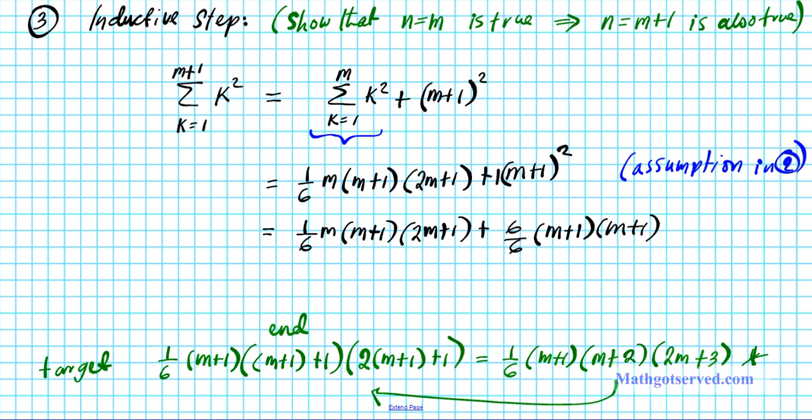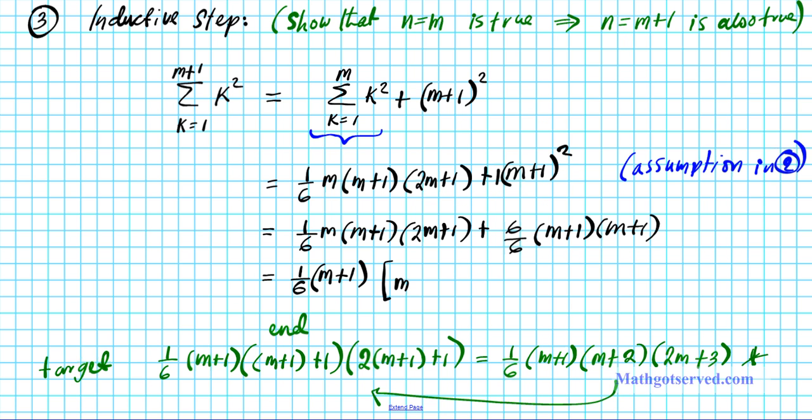If I factor out 1/6 and n plus 1, I'm going to have 1/6 m plus 1. If that is factored out, I'm left with m. Let's put it this way.